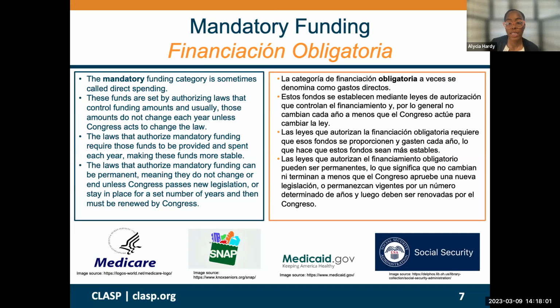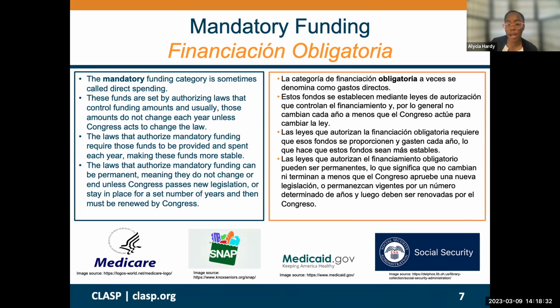The only way these funding levels change is if Congress acts to change the authorizing law that controls that mandatory funding. The laws that authorize mandatory spending require those funds to be provided each year and are not dependent on Congress. So these funding levels are usually more stable than discretionary funding.